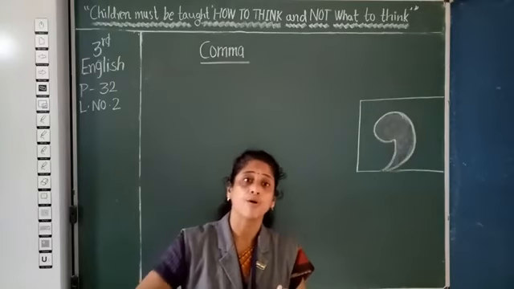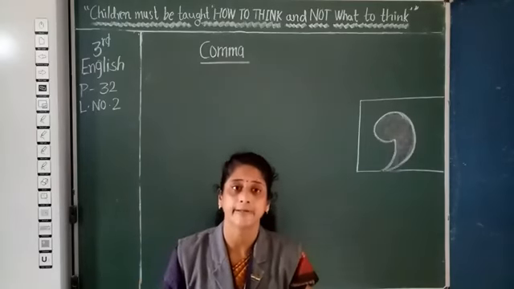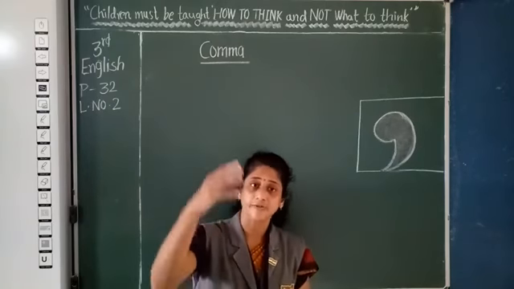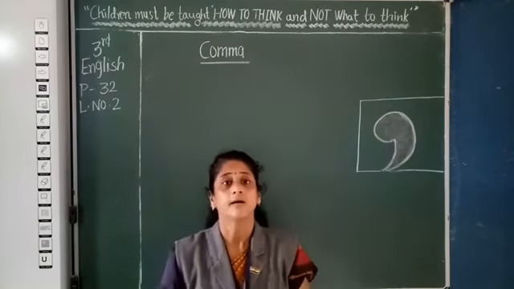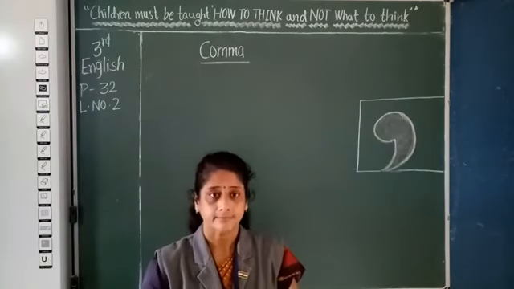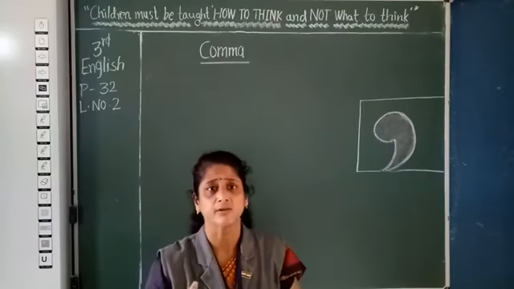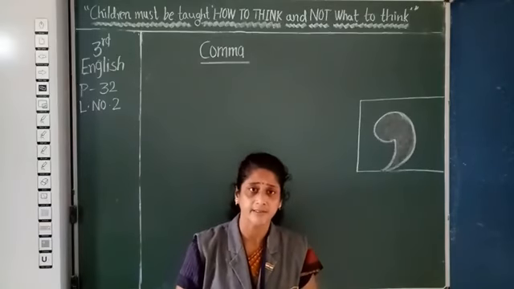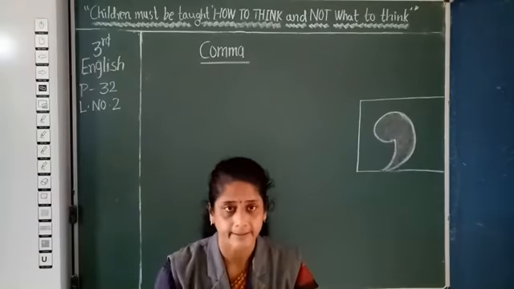So you should not go on reading it. How will you read it? You have to give a comma when you have a list of items like this, like bread, butter, milk, egg. You have so many things, wheat, rice, all these things in the grocery, in the mall, isn't it? You want to buy so many items.